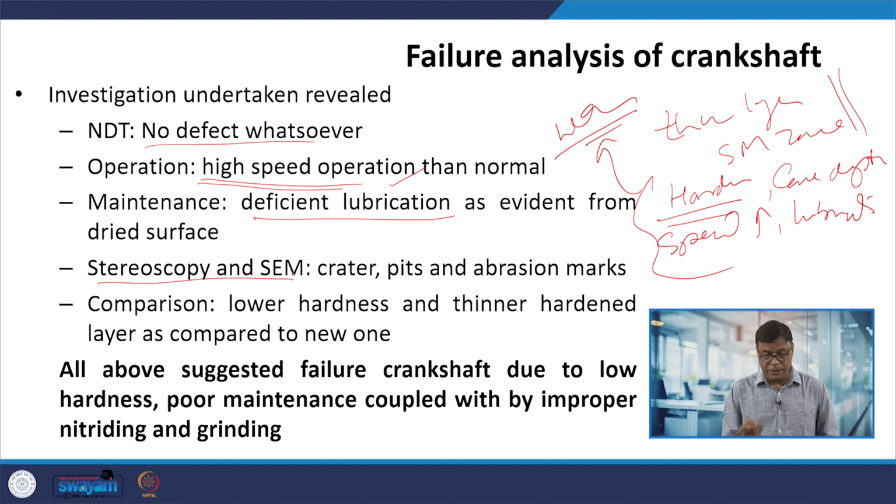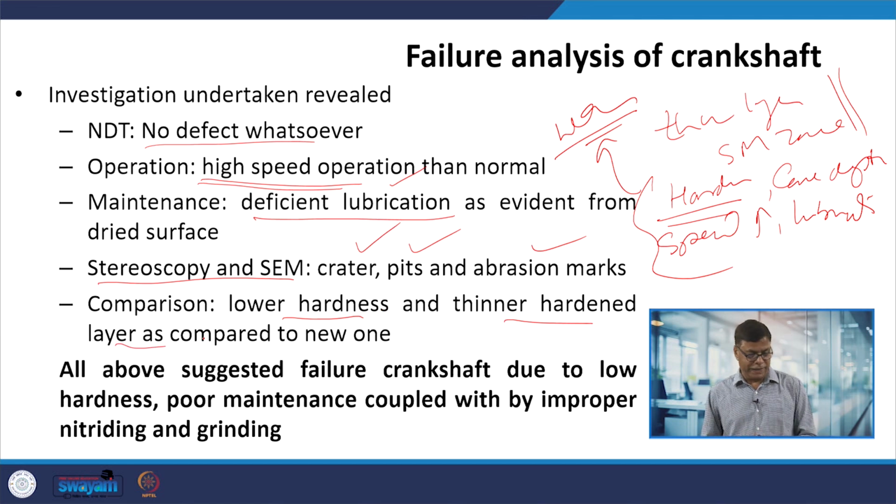Additionally, stereoscopy and scanning electron microscopy suggested the presence of craters, pits and abrasion marks indicating wear, and comparison showed lower hardness and a thinner hardened layer as compared to that of the new one. So, these observations suggest that the crankshaft failed due to lower hardness, poor maintenance in the form of improper lubrication, coupled with improper nitriding not up to the desired depth, and improper grinding, with the possibility of removal of the nitrided layer during the grinding operation.